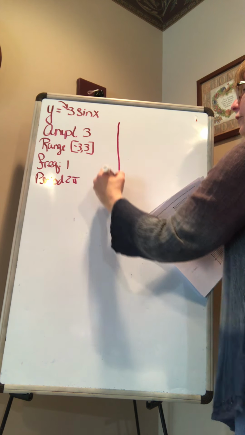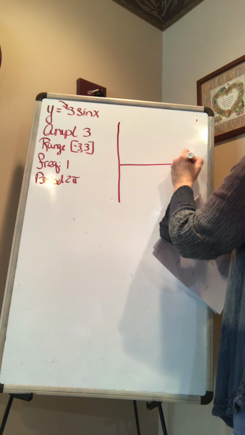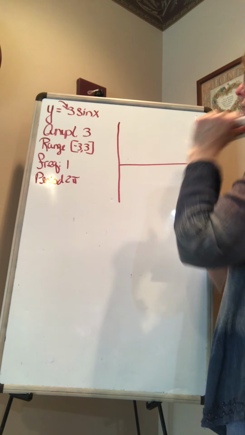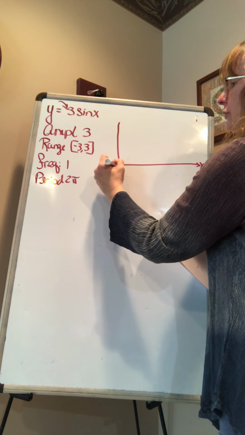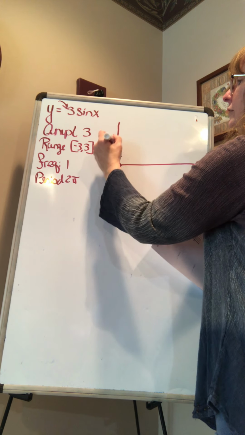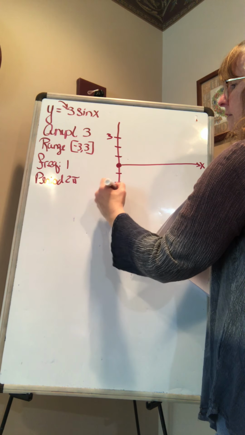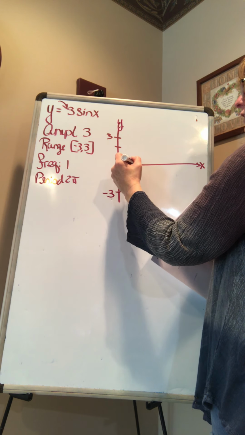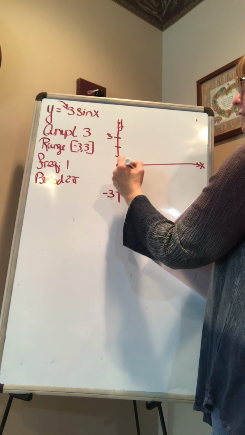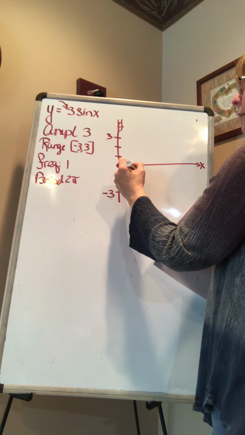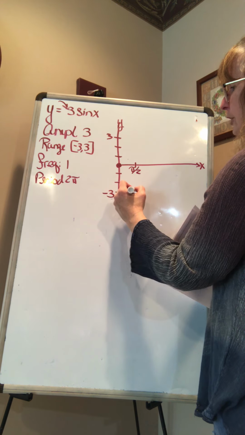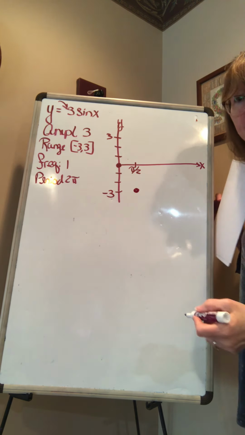Now, the -3 is going to do what it did with cosine. If at 0 degrees, sine is 0. At 90 degrees, sine normally goes up to +1. But +1 times -3 brings me downward. I'm going down now.